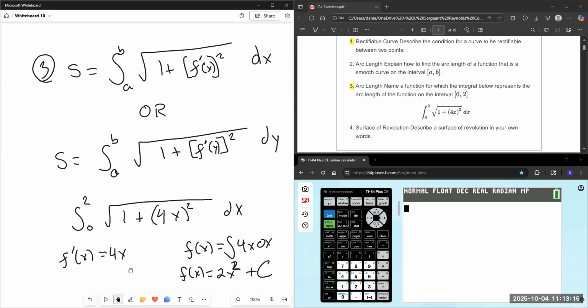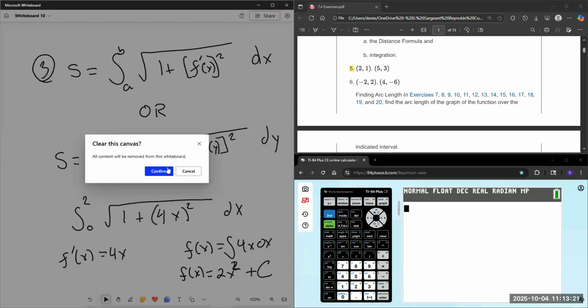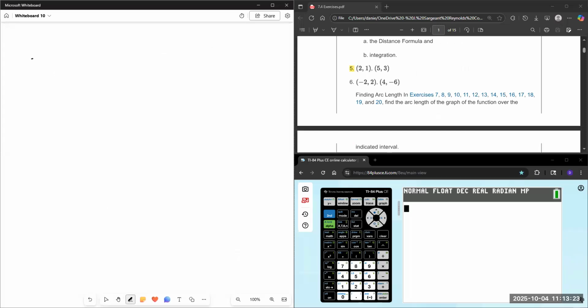So let's go ahead now and look at number 5. Number 5 says (2, 1) and (5, 3) are points, and we first want to use the distance formula to find the distance of the line segment that connects these points.